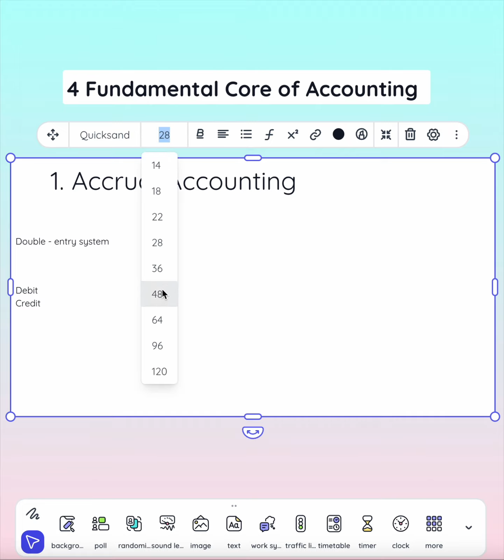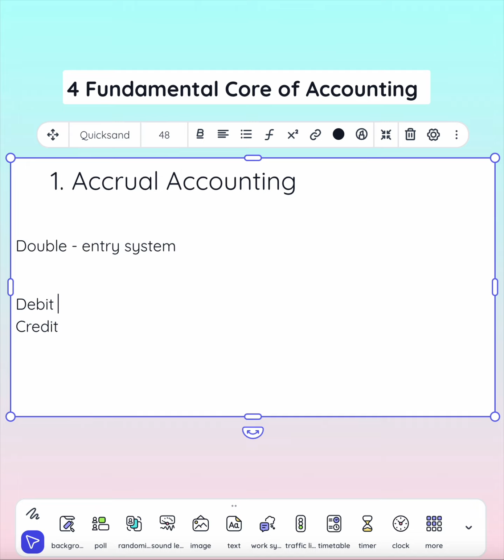Debit and credit are part of a double entry system. Every transaction affects at least two accounts. Debits and credits are tools used to record these changes.